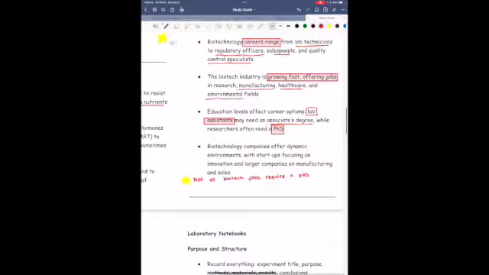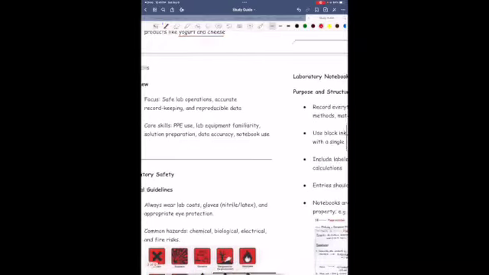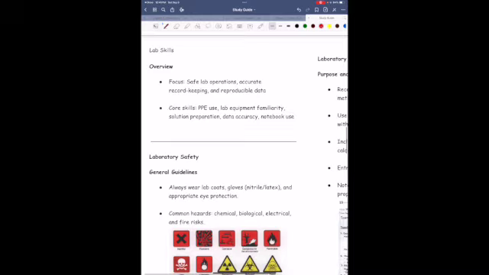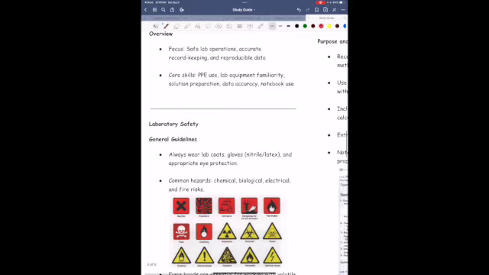All right, so now let's go to the next part. This is going to be about lab safety: safe lab operations, good record keeping, and using PPE. Let's highlight PPE, that's personal protective equipment.